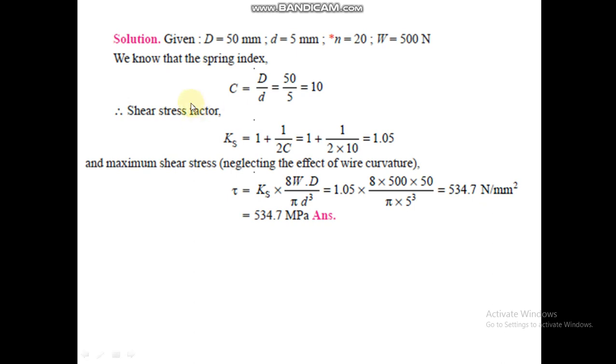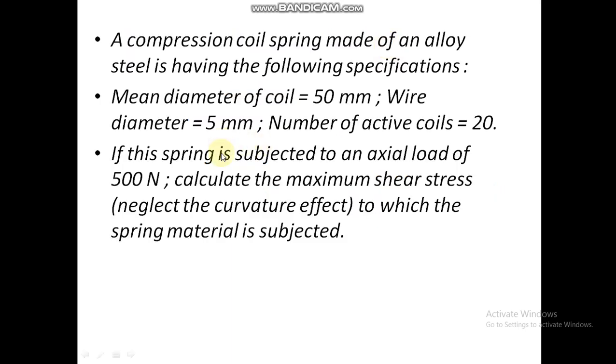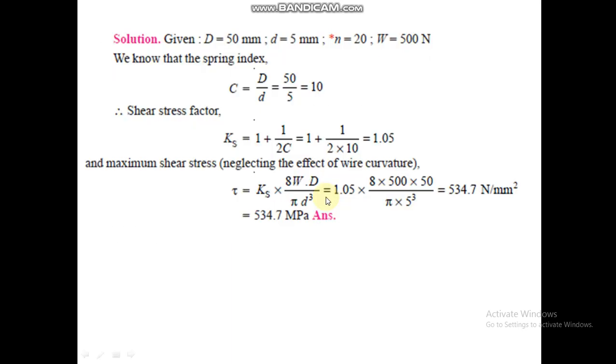So we are writing the given data. Diameter of the coil, capital D, 50, small d, wire dia, 5, number of turns 20, and load 500 Newton. And you have to calculate shear stress. So apply the formula for shear stress, Ks 8WD by pi d cube, where Ks is the shear stress factor, given as 1 plus 1 by 2c.